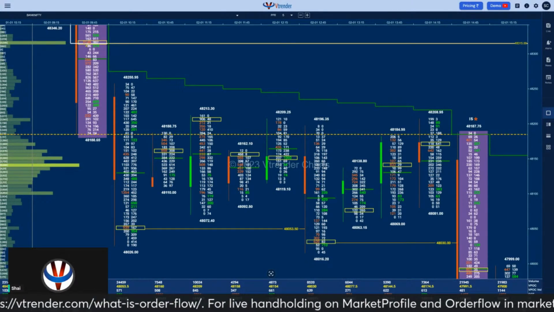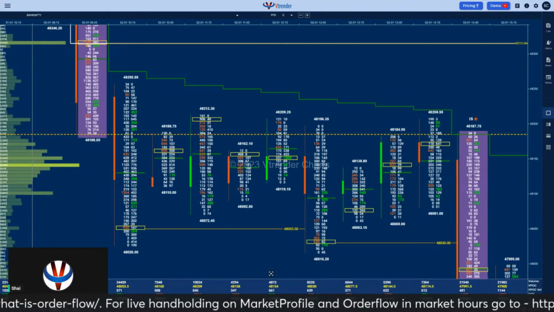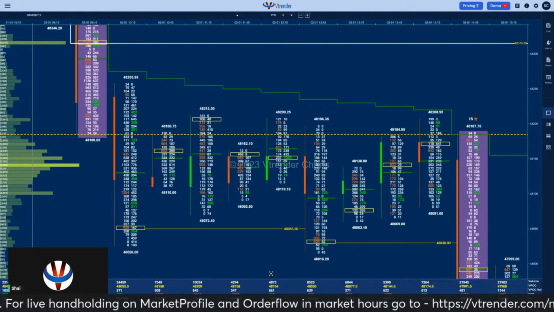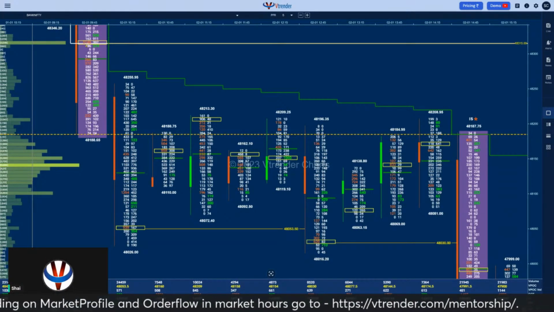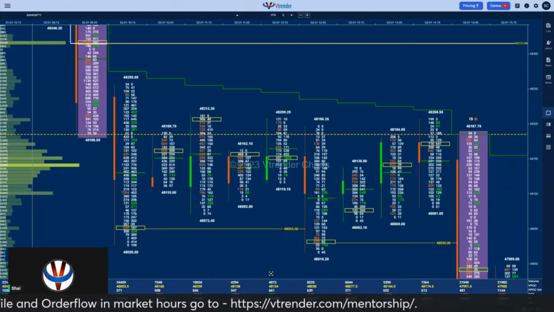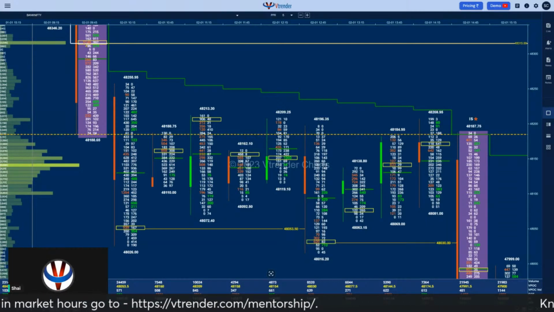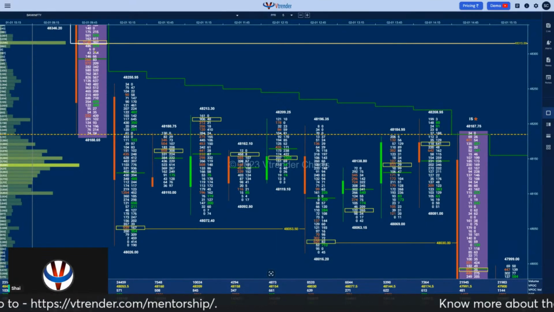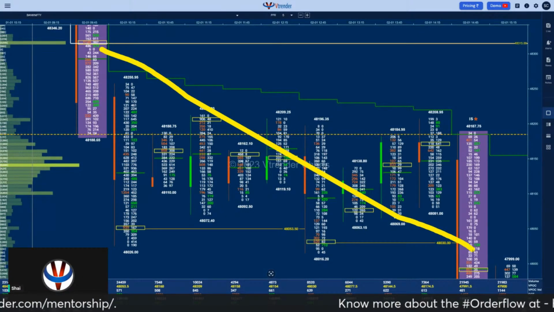This over here was a classic example of S greater than D, or supply greater than demand. And whenever you find that supply is greater than demand, what happens next? Price moves lower.